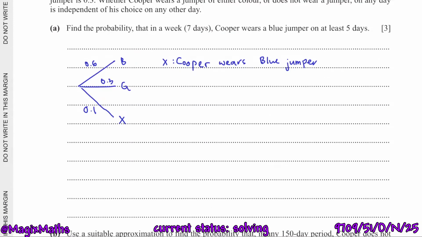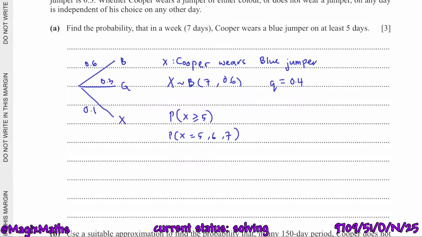Right. So it's a binomial event, and there are 7 attempts, and the probability of success is 0.6, and the probability of failure is 0.4. We want the probability that X is at least 5. So that means X equals 5, 6, and 7.